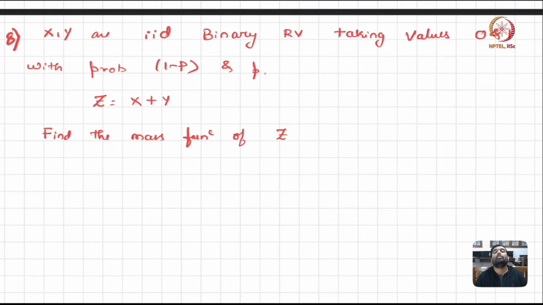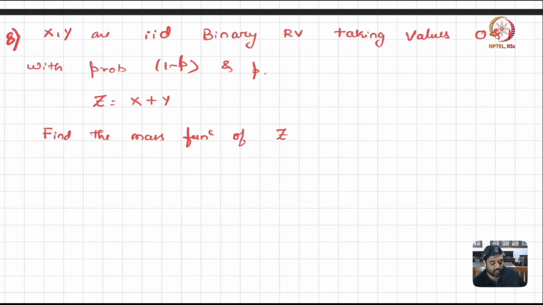Now x and y are IID binary random variables taking only two values, 0 and 1. That means this random variable takes only two values. The probability of taking the value 0 is 1 minus p, and the probability of taking 1 is p.